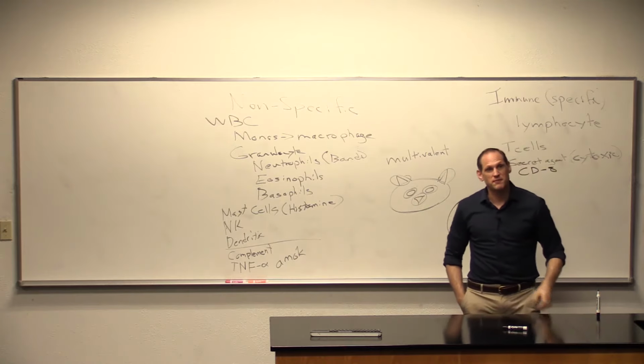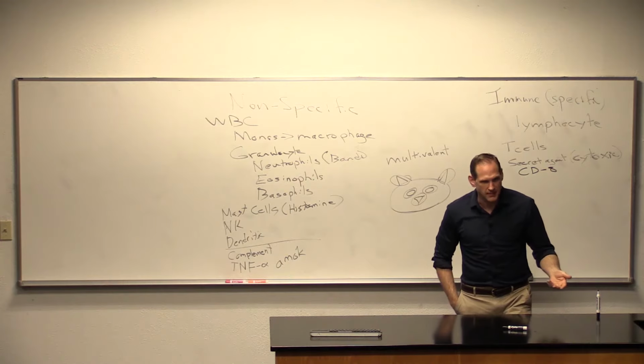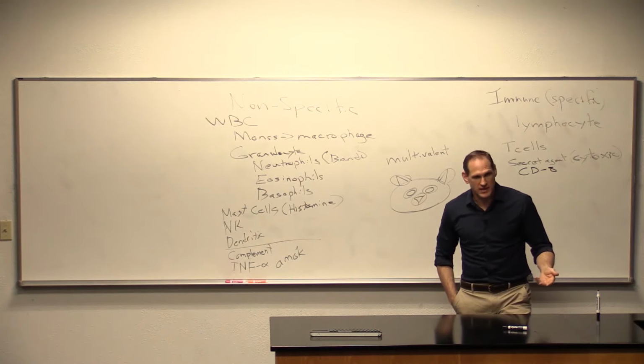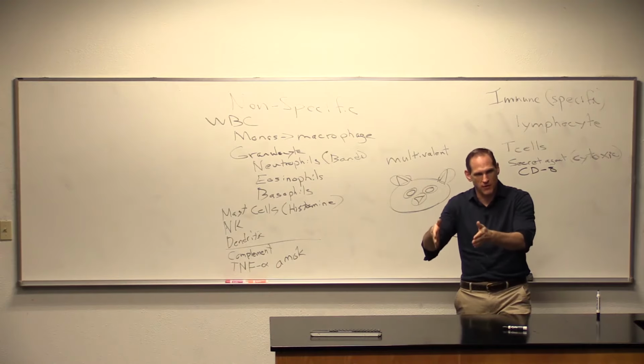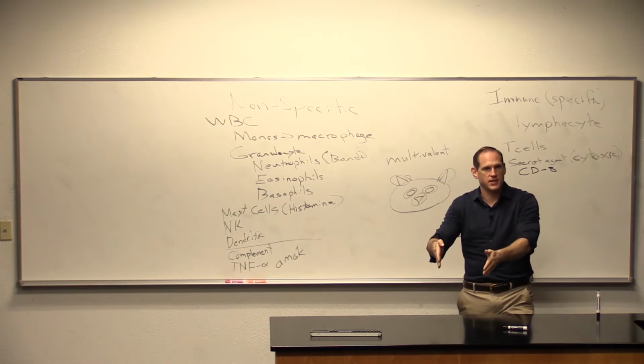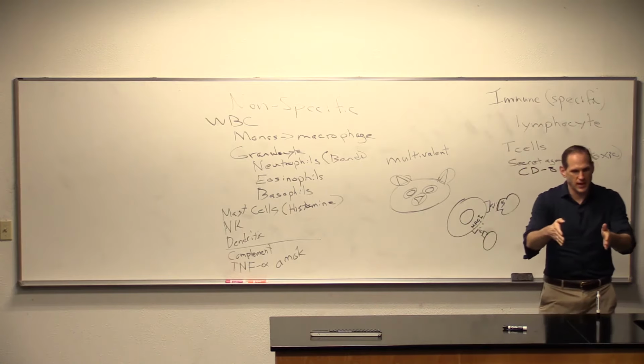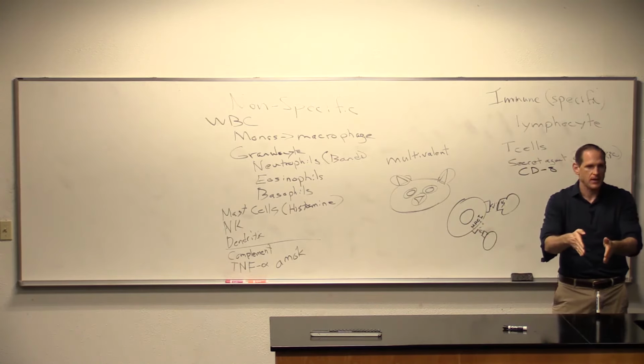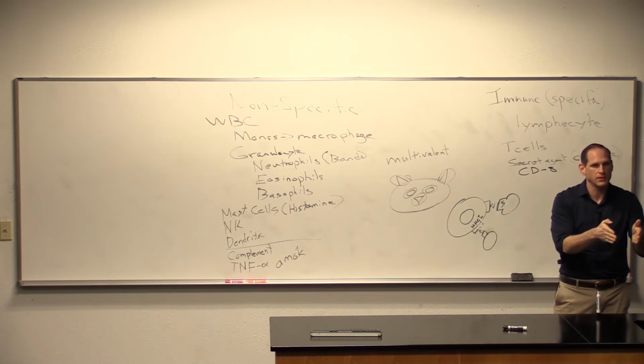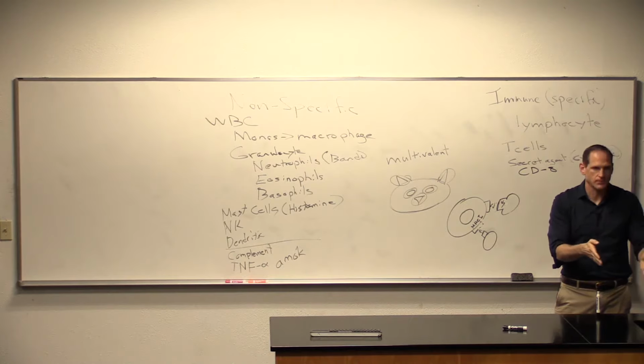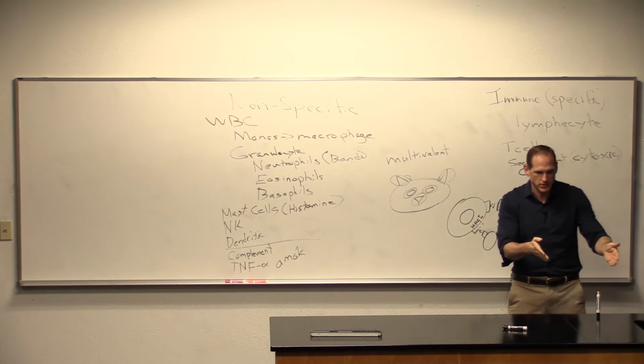What we want to do is find a good match. What does that mean? We're going to do genetic testing, and we're going to see how similar or far apart the MHC is. So patients who have more similar MHC are going to have less severe transplant rejection, or transplant graft rejection.